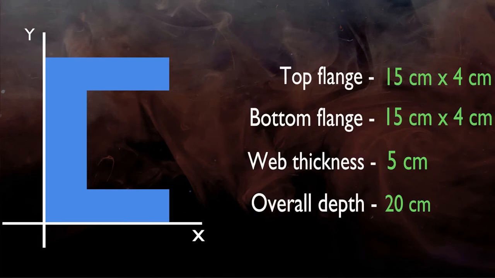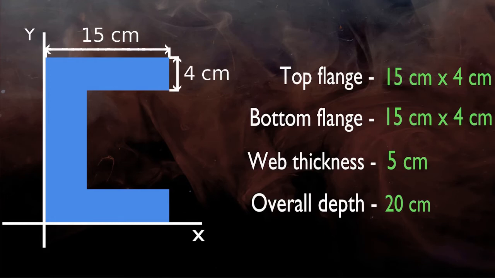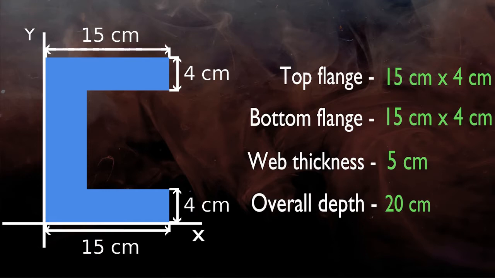Top flange is 15 cm by 4 cm, which means that the width of this flange is 15 cm and height is 4 cm. Similarly, width of bottom flange is 15 cm and height is 4 cm. Web thickness is 5 cm and overall depth is 20 cm.